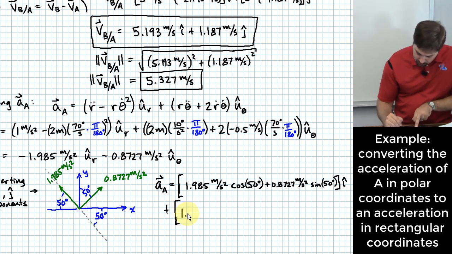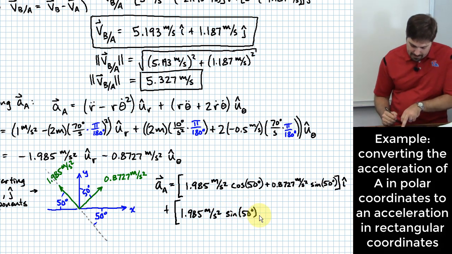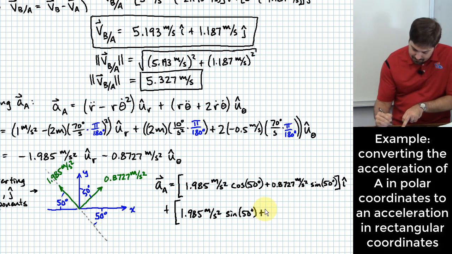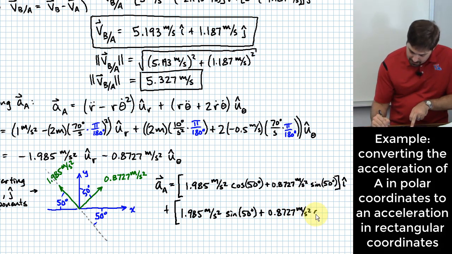So for that, I have 1.985 meter per second squared times the sine of 50 degrees plus 0.8727 meter per second squared times the cosine of 50 degrees.